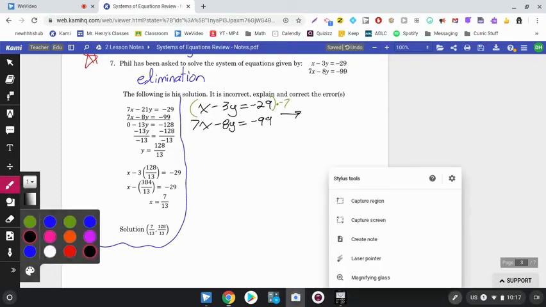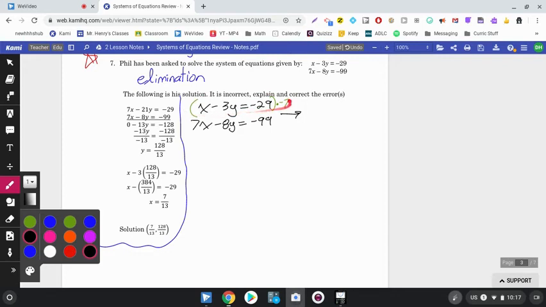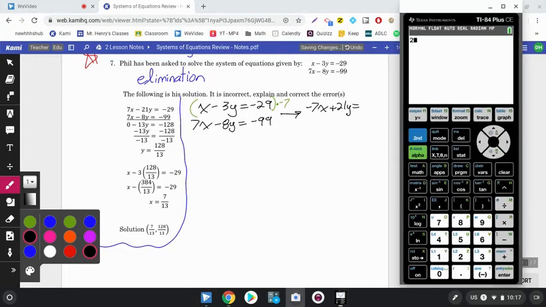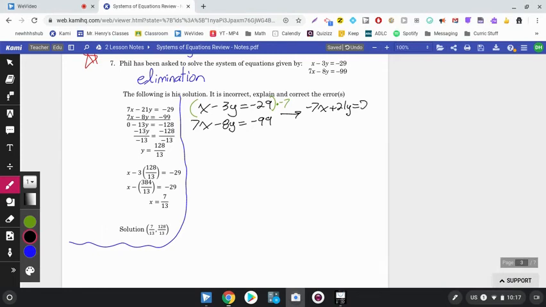Which I am allowed to do as long as I multiply all 3 pieces, this side and this side. I get negative 7x plus 21y equals 29 times 7, 203, okay? The bottom equation, 7x minus 8y equals negative 99, didn't change anything.